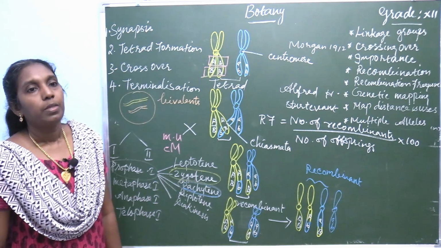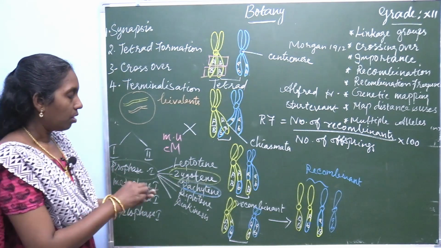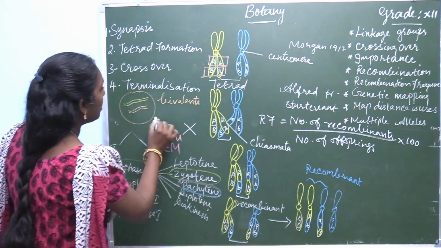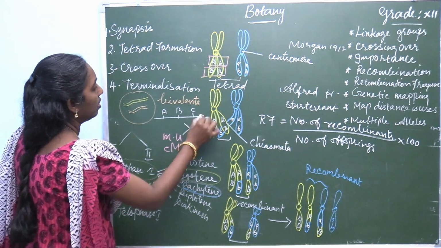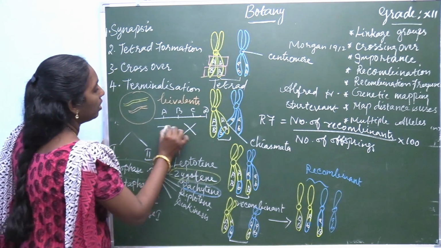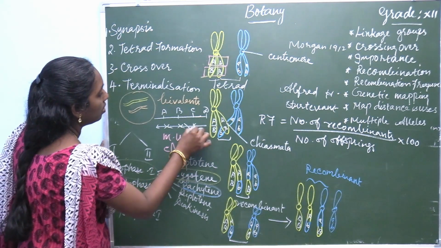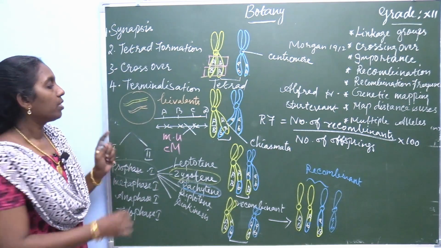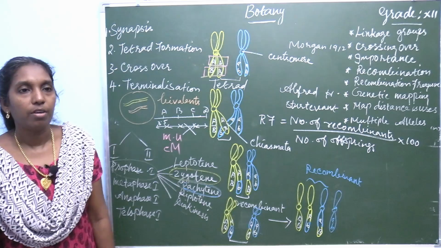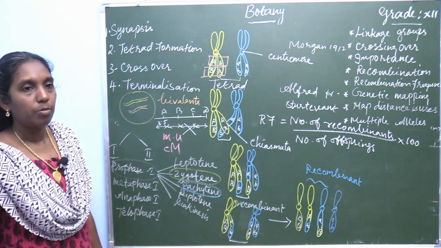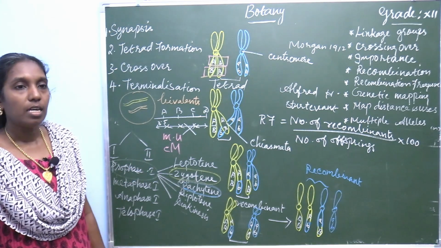For example, if there is a gene that contains A, B, C and D, and the distance is 3.5, it can be measured as 3.5 map units, or 3.5 centimorgan.